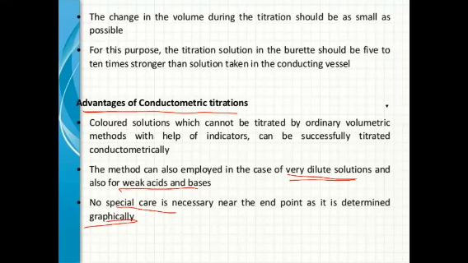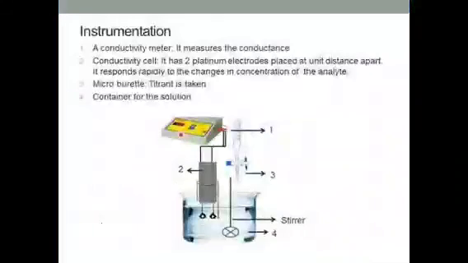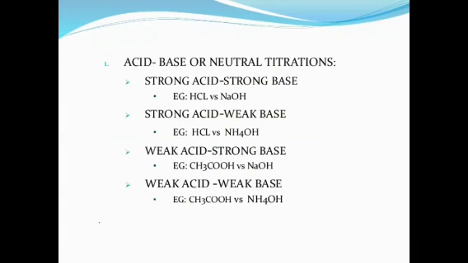These conductometric titrations are very important for your examination. In conductometric titrations, how many types are there? There are majorly four types: strong acid versus strong base, strong acid versus weak acid versus strong base, and the last one, weak acid versus weak base.